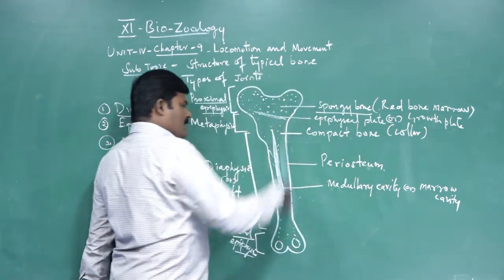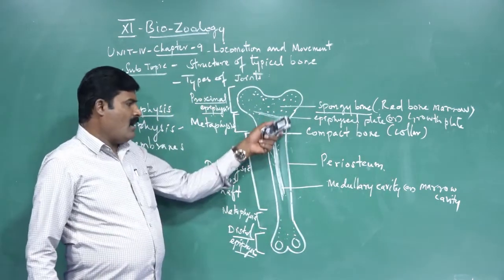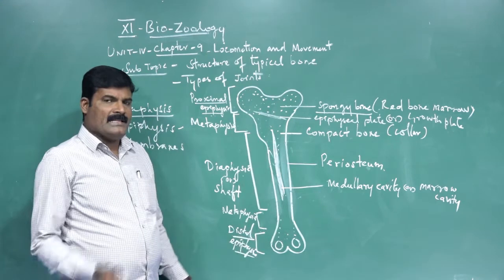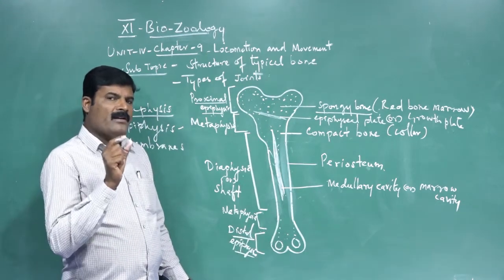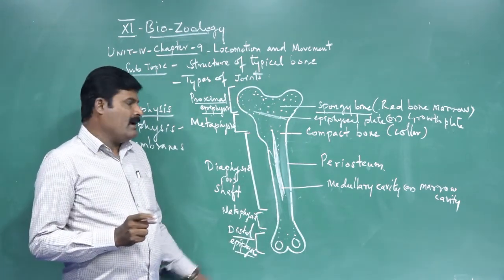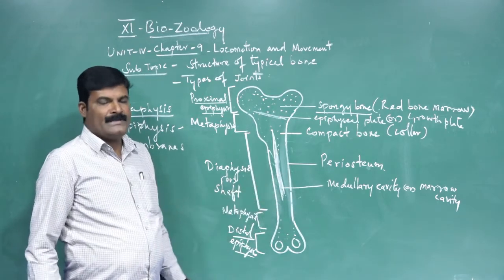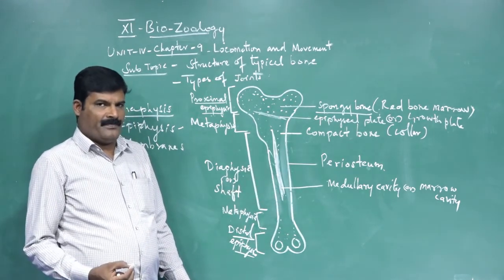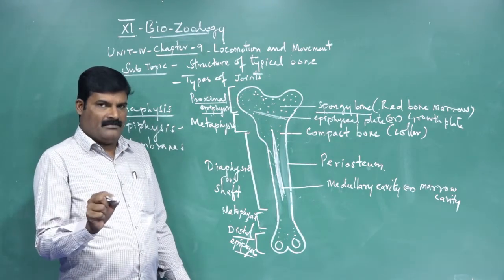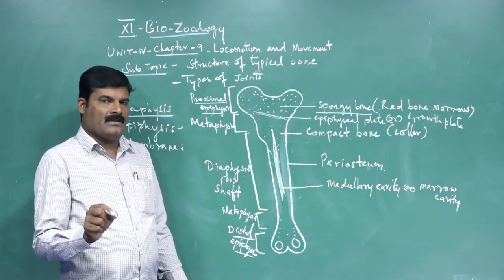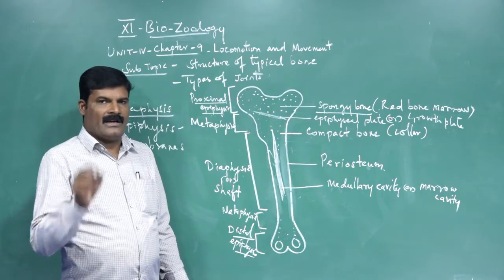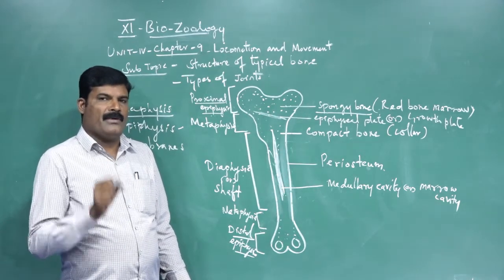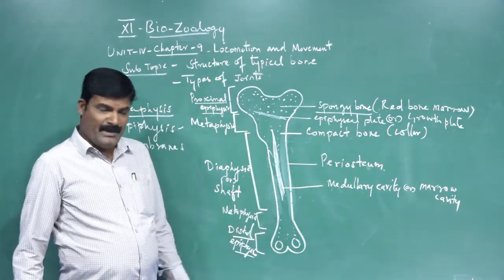The entire outer surface of the bone is covered by a two-layered membrane called the periosteum. It may be a 1 mark, 2 mark or 3 mark question.